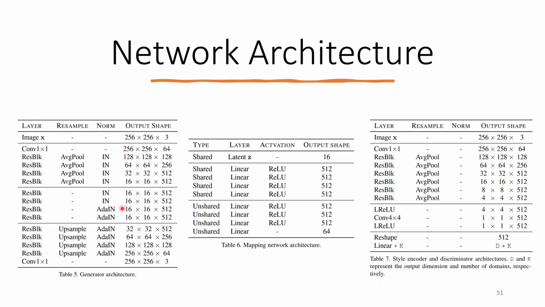Finally, it becomes a 16 by 16 image. In the beginning it's slightly reduced, and then there are some upsampling or deconvolution layers, and this is an adaptive instance normalization.